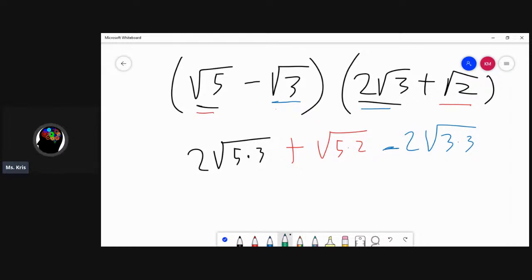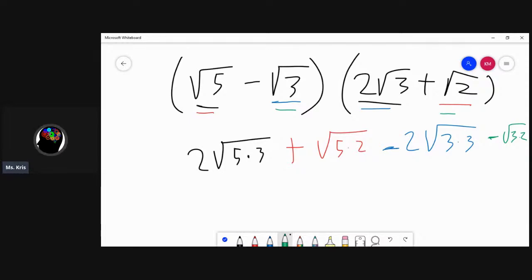And finally, last, which is minus square root of 3 times 2.